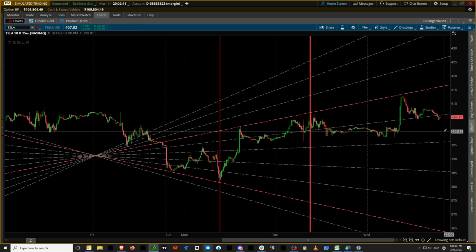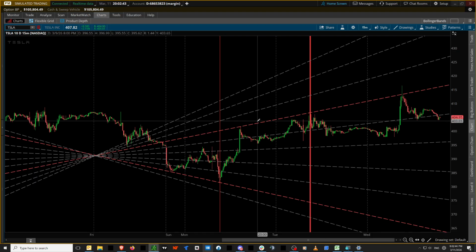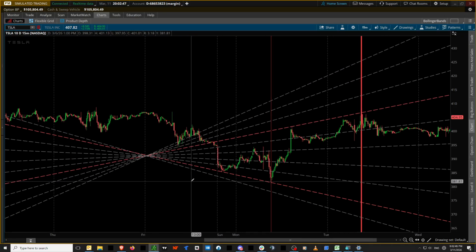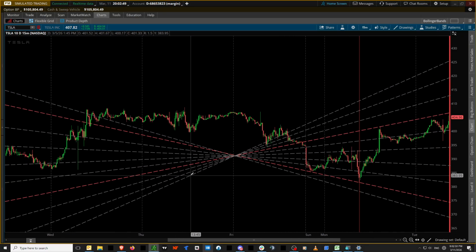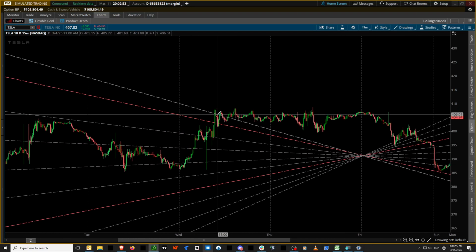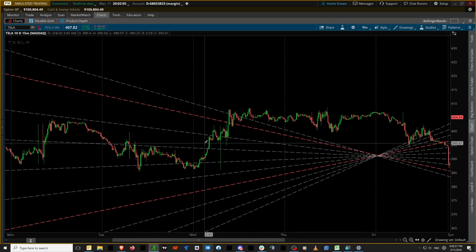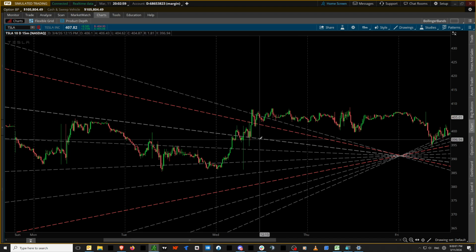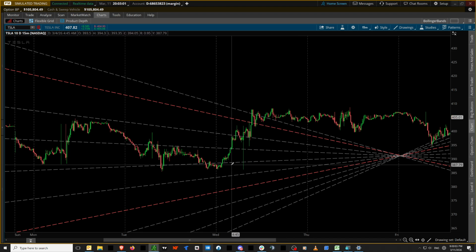Tesla, observing. Now let's go historical. Let's go see. What do we see? Let's go behind the vertex, right there. Some chop in this area on this line, maybe a little bit.